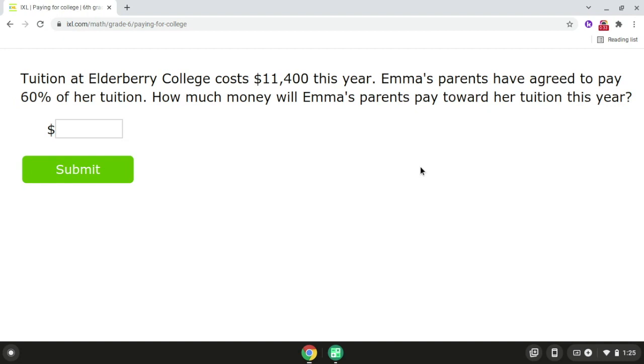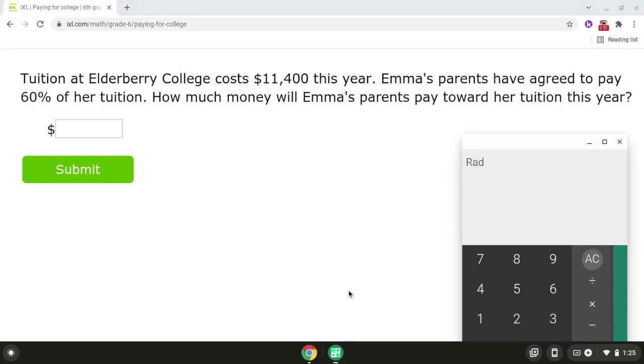Okay, so in order to calculate how much money Emma's parents will pay toward her tuition this year, we're simply going to multiply the $11,400 times the 60%.